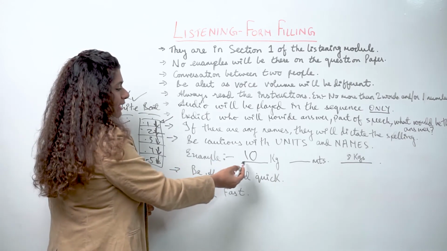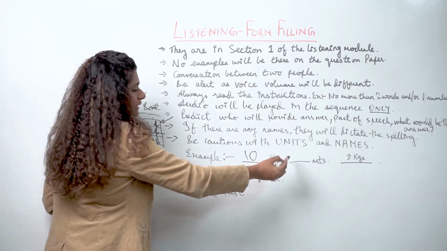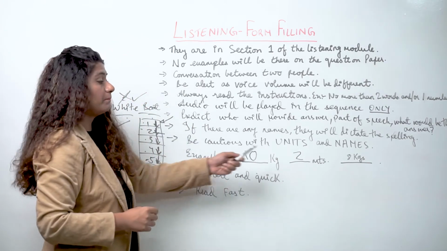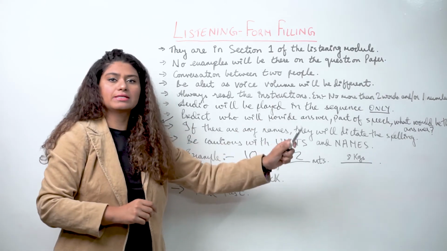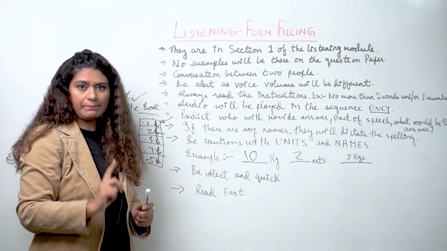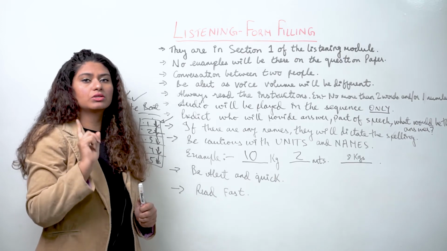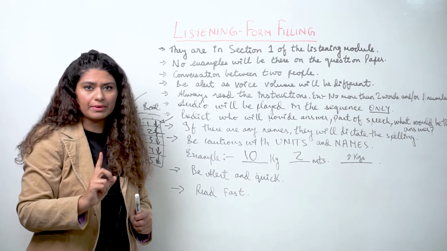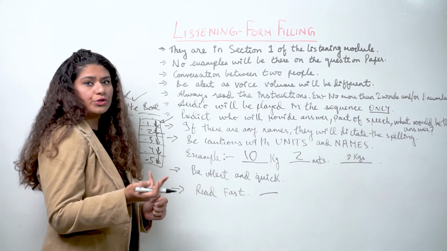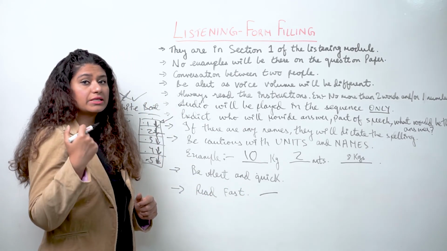For example, 10 kgs or 2 meters. But if you have a blank space and there is no unit mentioned, you will be listening to the audio clip and you will also be mentioning the unit along with the number. So for example, let's say it's a blank space and in the audio you have heard 8 kilograms.